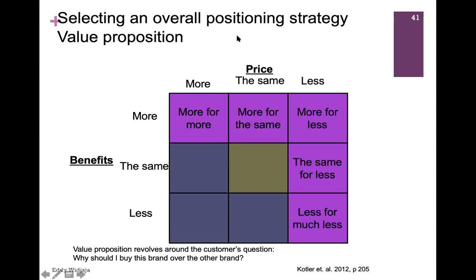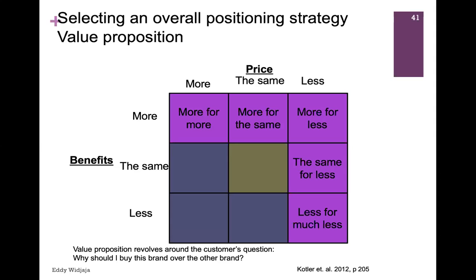The last one is less for much less. You offer fewer benefits, and the price you charge customers is much less than your competitors' prices. As an example, look at the Reject Shop. They admit that they are not offering you top-level quality, but they're offering you a much cheaper price.